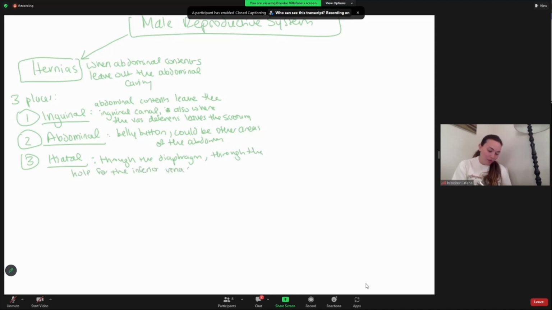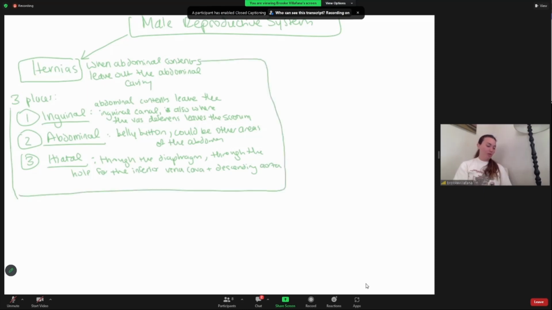Remember how I showed you? They come through the top. So the hiatal hernia is when the abdominal contents push through that hole where the inferior vena cava and descending aorta enter the abdomen. So that's hernias. What I just wrote would be sufficient to know.